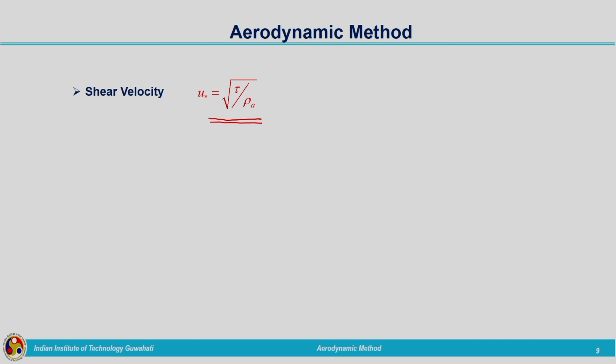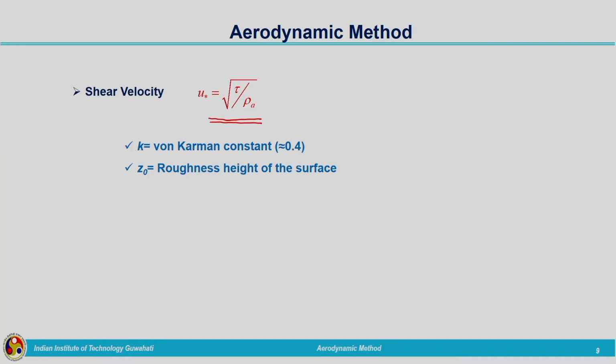Do not worry about these expressions, these are taken from the boundary layer theory, and we are applying them here for the wind velocity. The k which we used in the previous slide is the von Karman constant, taken to be approximately 0.4, and z naught is the roughness height of the surface.